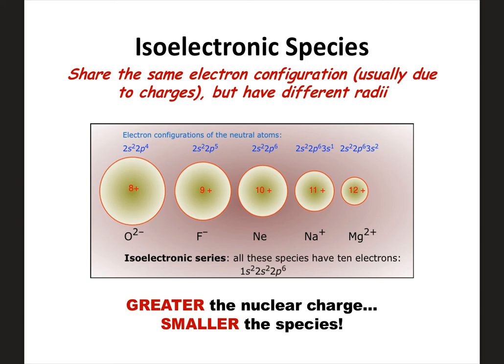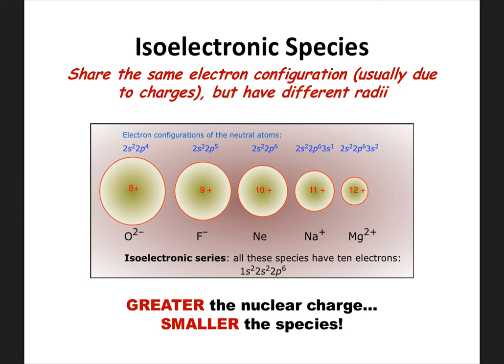So if it was fluorine 1 minus, it would gain 1 electron and it would resemble neon in terms of 1s2, 2s2, 2p6. Same thing for oxygen. It could gain 2 electrons, be the same configuration. Sodium, on the other hand, could lose 1 to be like neon. Magnesium could lose 2 to be like neon. But the difference here is, obviously, they would not have the same number of protons, and their sizes would be different as well.